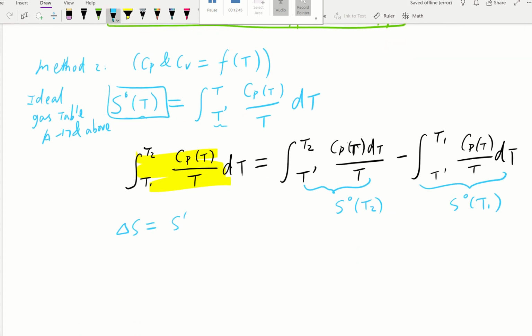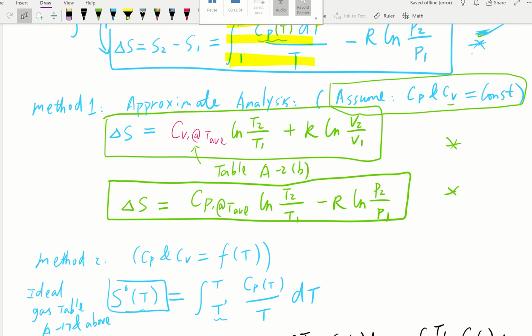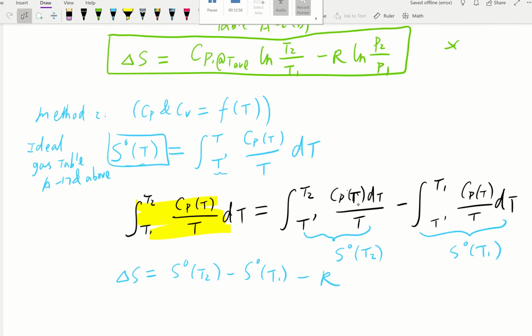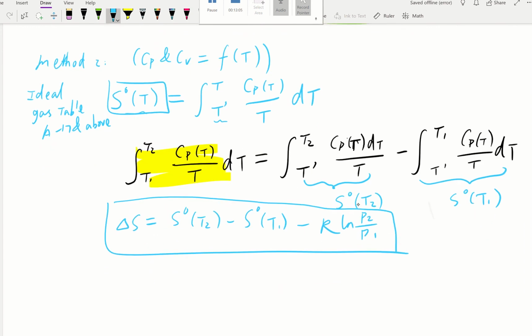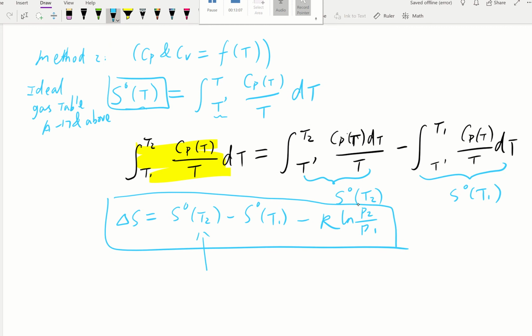It's going to be S naught T2 minus S naught T1, then minus R, copy that down, natural log P2 over P1. Again, where do we find this value? S naught T2, which is only a function of temperature, is from our table A17 and above or beyond.